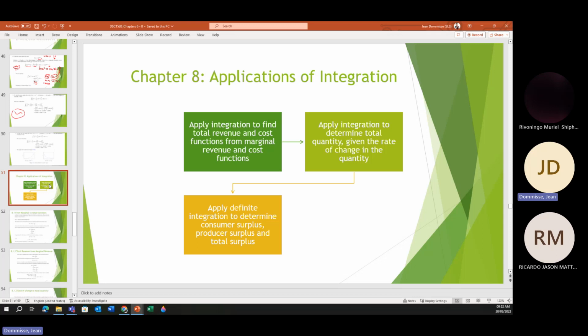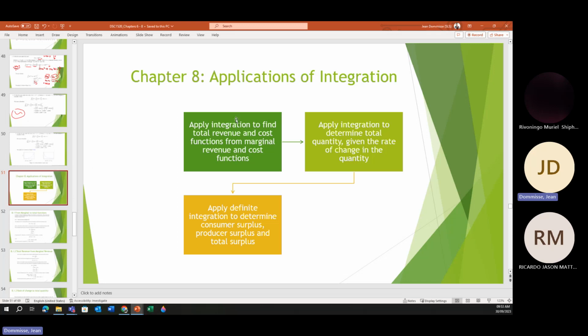If I integrate the marginal revenue curve, then I get my total cost. So it's just realizing that you now need to work backwards in the process.